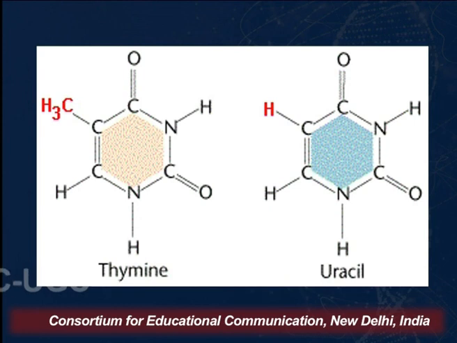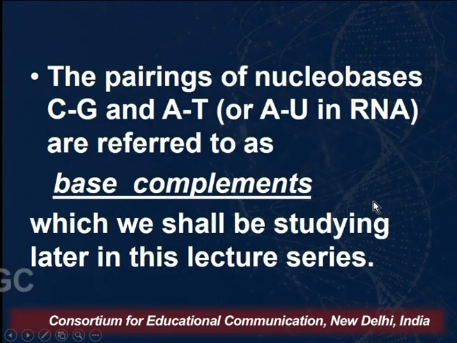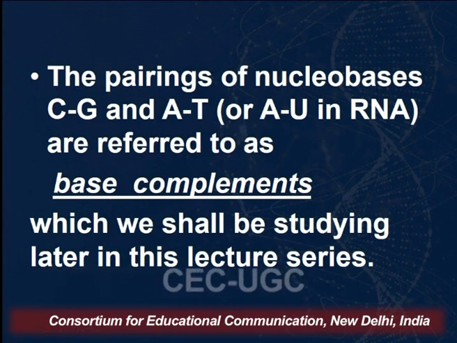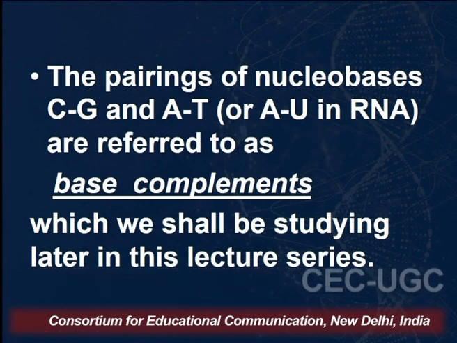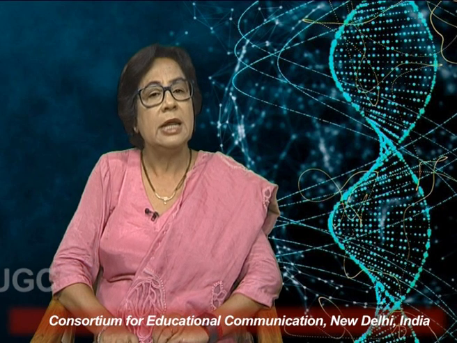That is, in DNA, the pyrimidine is thymine, whereas in RNA, the pyrimidine is uracil. Now, the pairing of nucleobases, that is, cytosine with guanine and adenine with thymine in DNA, or adenine with uracil in RNA, are referred to as base complements, which we shall be studying later in this lecture series.